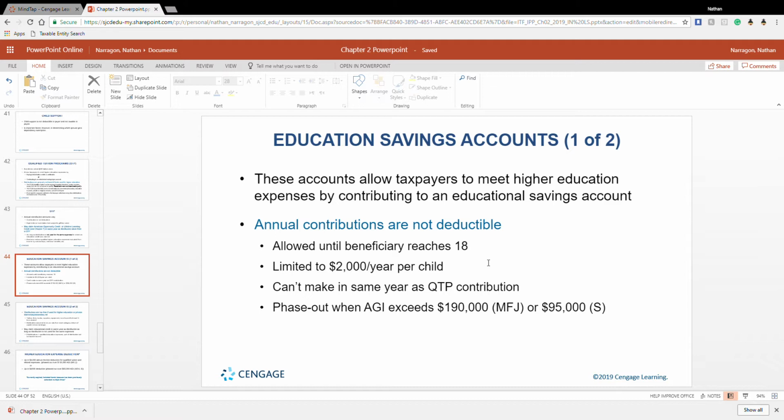So again, the rich, according to the tax, get taxed a lot more because they don't get the benefits of these deductions. So when your AGI exceeds $190,000 if you're married filing jointly, or $95,000 as single, it will phase out. No good, too bad.